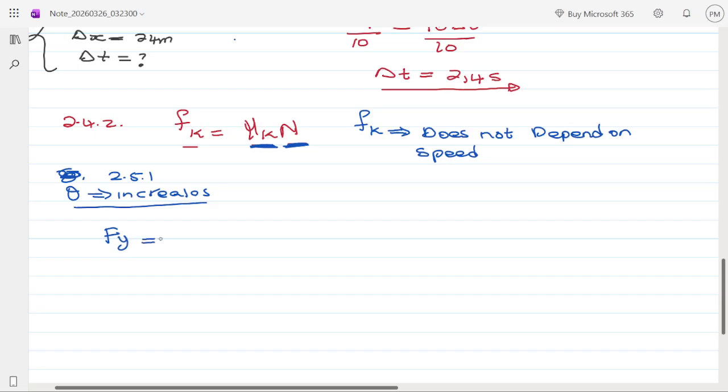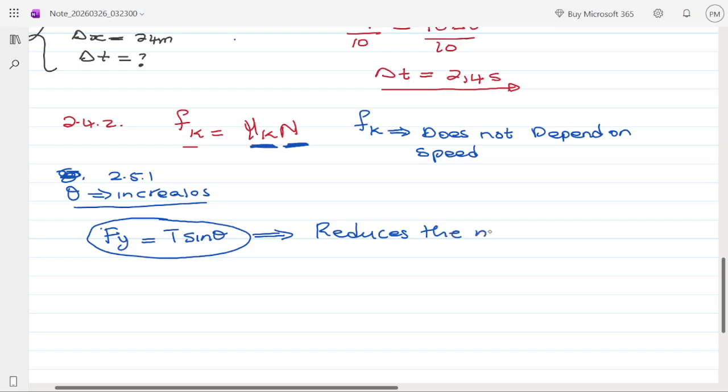So Fy is equal to T sine theta. This reduces the normal force.